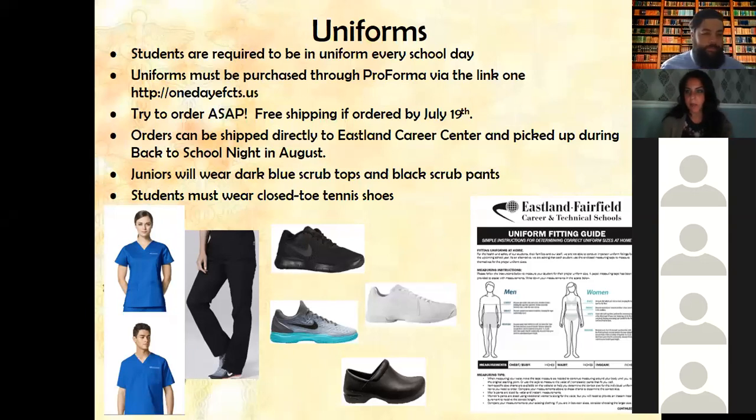My one plea with everyone is, I have no control over uniforms. To be honest, the only thing they tell me is what colors I can choose from, and I tell them, hey, I want blue for the juniors, blue tops, black pants. Other than that, I don't know anything until we get back to school in August about the status of an order or anything.